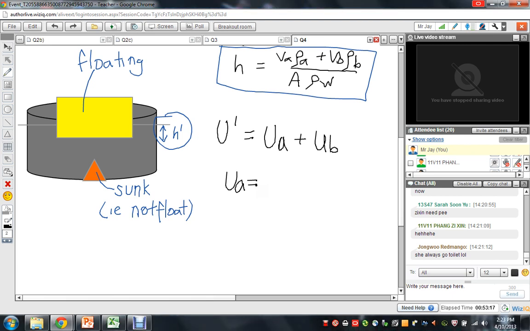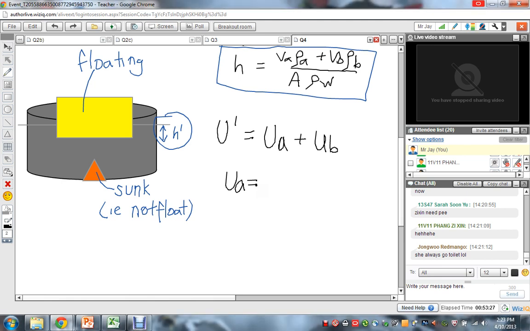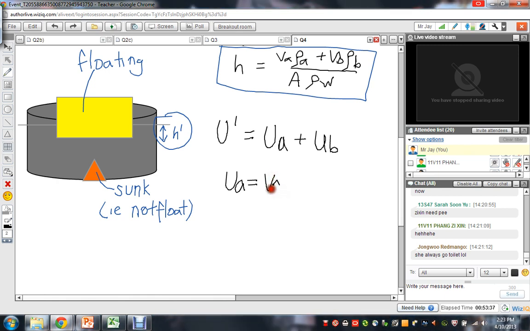Since it's sunken, the only thing we know about the upthrust of the anchor is that it's equal to the weight of the fluid the anchor displaces, which is the volume of the anchor times the density of the fluid times G. Even though it's sunk to the bottom, it still has an upthrust, but it's not strong enough to overcome the weight anymore.